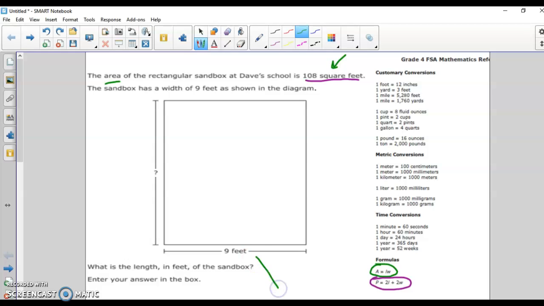So if our width is 9, we are given an unknown over here as our length. Our job is to find that out. What is the length in feet of the sandbox? Enter your answer in the box. So we know all of this area in here is going to be 108 square feet.